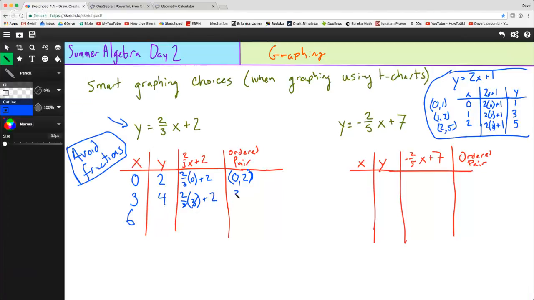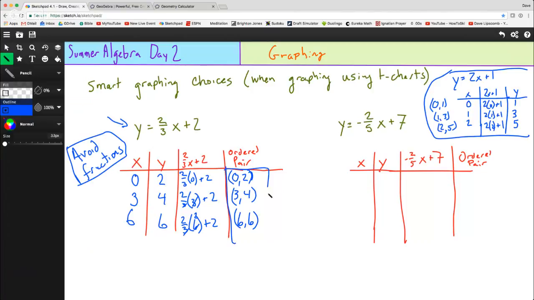So my ordered pair is (3, 4). And here, if I go 2/3 times 6 plus 2, I get 6. So my ordered pair is (6, 6). So these are the points that I would graph.